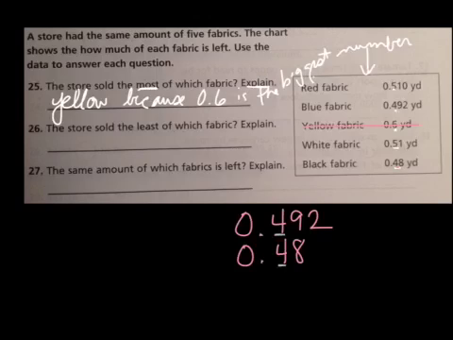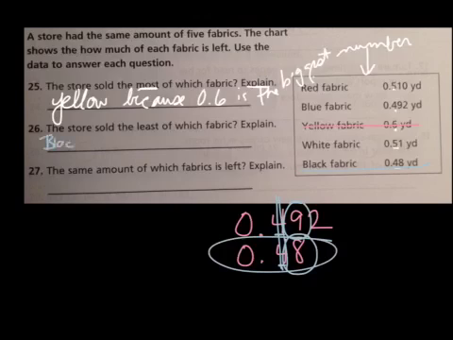Both of them have a 4 in the tenths place. This has an 8 and this has a 9. You know that 8 is less than 9, so this number is smallest up there. So we're going to say black, because 48 hundredths is smallest.